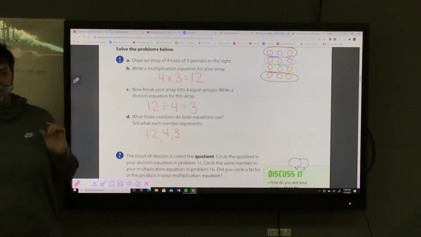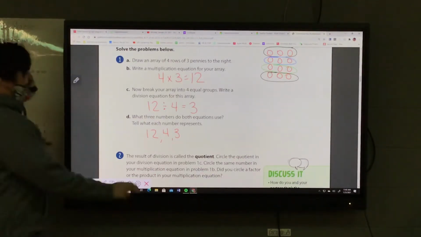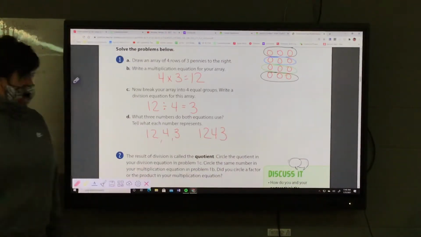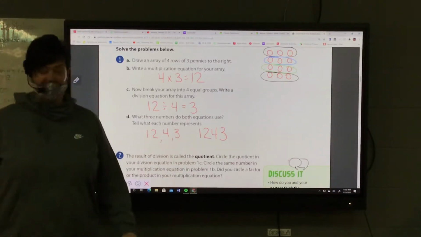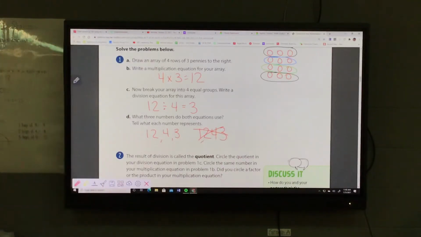Should we put commas in between those? Yeah. Why? Because what if I just wrote it like this, 12 4 3? That looks like a completely different number, doesn't it? So we need to make sure that we put those commas in there.